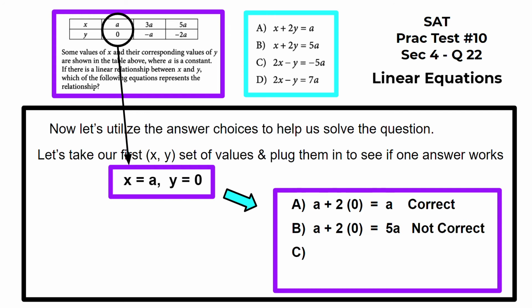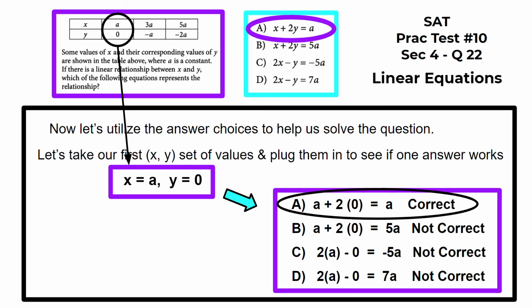That's not correct. a doesn't equal 5a, only when a is 0. Answer choice C, we have 2 times x, or 2 times a, minus y, which is 0, equals negative 5a. That's not correct. And finally, answer choice D, we have 2 times a minus 0 equals 7a, and that doesn't work. So A is correct.